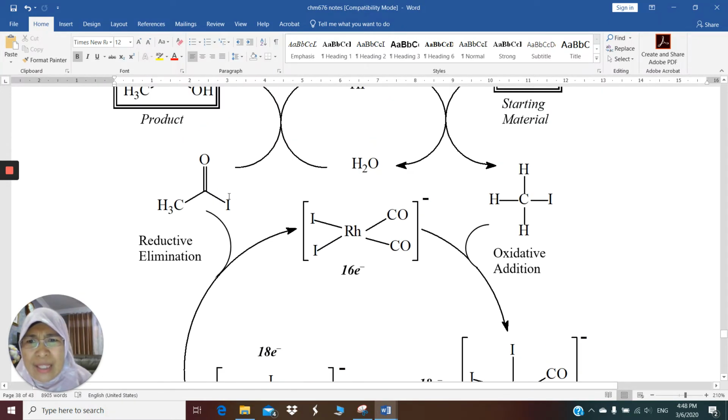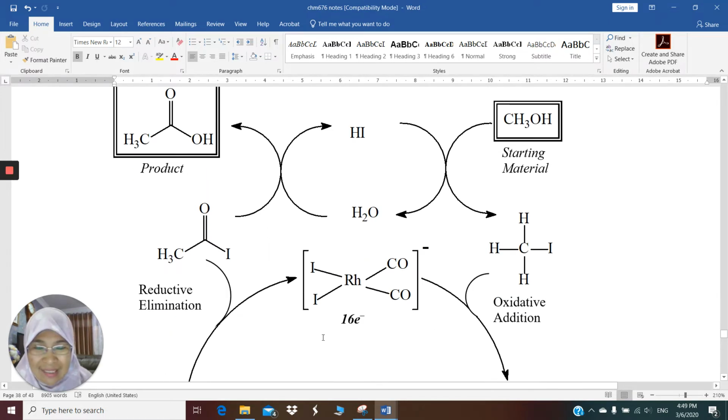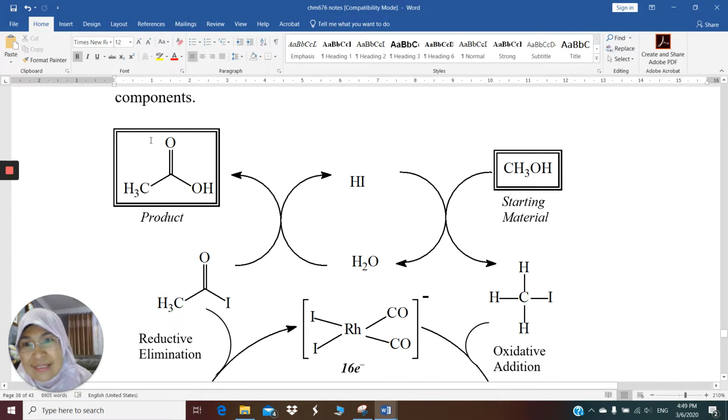So what happens to that iodine? Here, beautiful. This is the species that got eliminated from the catalytic species, making the catalytic species return to what it was, ready for the next HI. If you can recall, the water that was produced is reacted with this eliminated product to reproduce your HI and what you really want, which is the acetic acid.